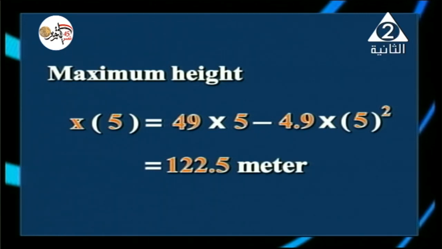The answer is 122.5 meters. My dear student, the maximum height is 122.5 meters. At this height, velocity equals what? Velocity equals 0. Why? Because when a body reaches the maximum height, the velocity must equal 0.